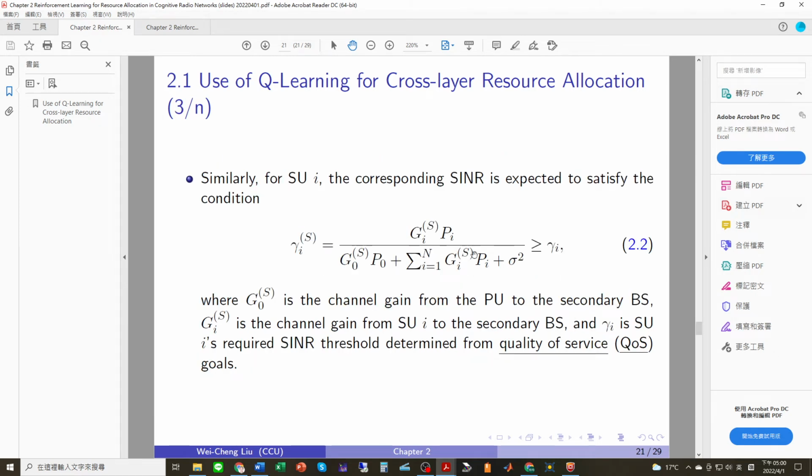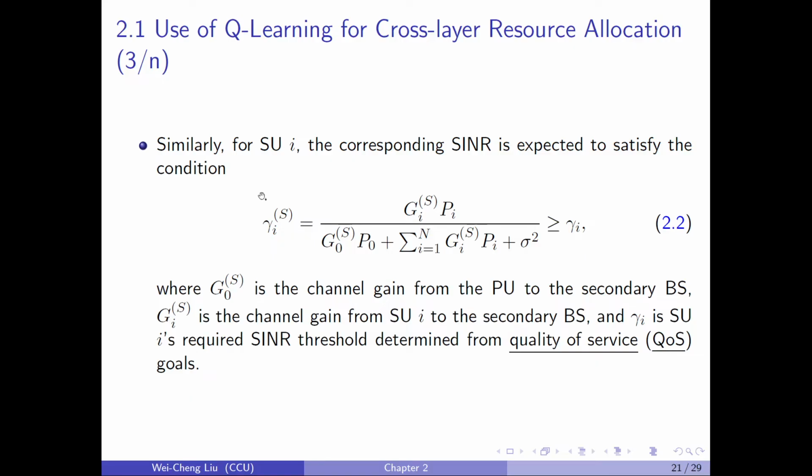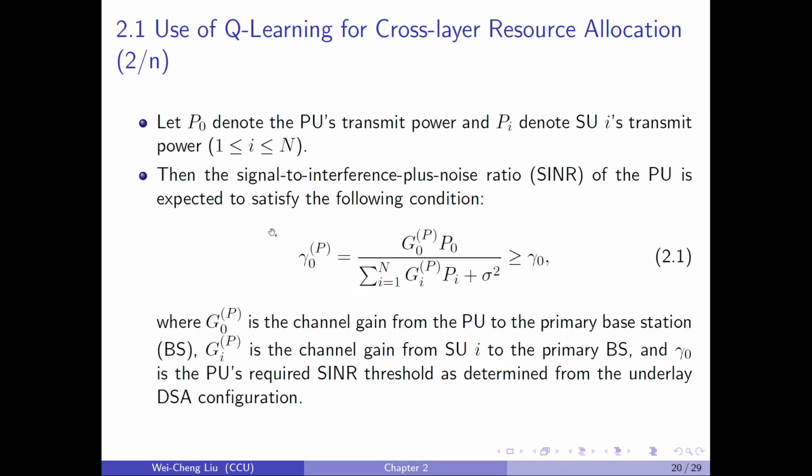Next page. Similarly, for secondary user I, the corresponding SINR is expected to satisfy the condition. Oh, one more thing. Oh, sorry. So in equation 2.1, what direction do we consider?